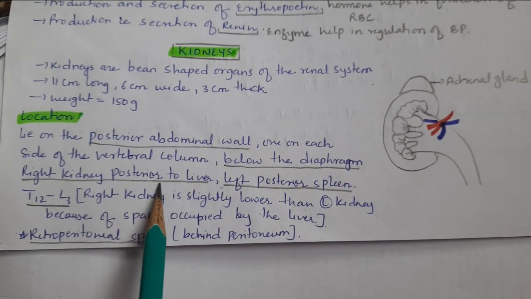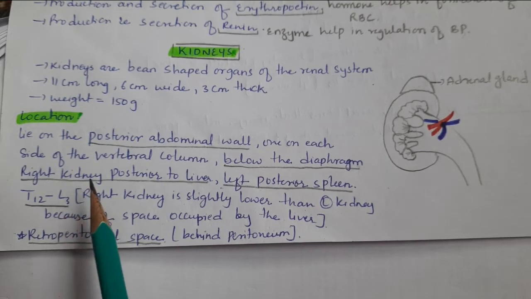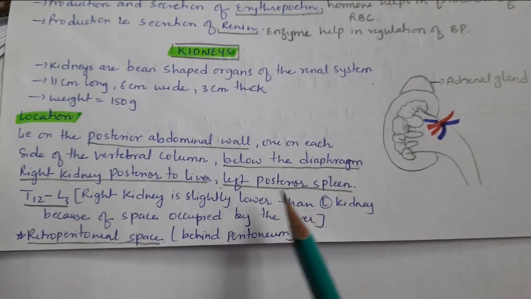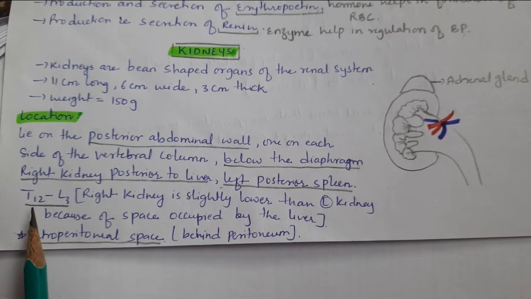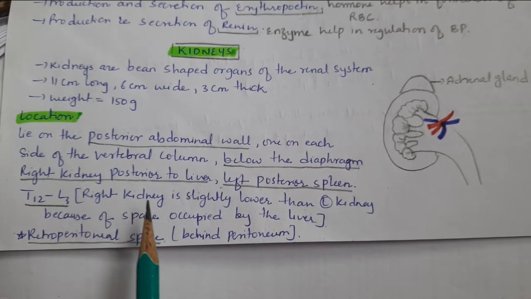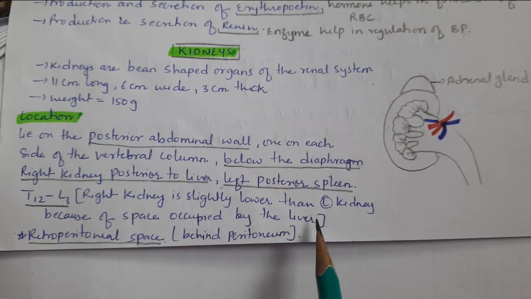Right kidney is posterior to the liver, so the right kidney is located at the back of the liver, and the left kidney is posterior to the spleen. So the left kidney is located at the back side of the spleen, and it is between thoracic 12 to lumbar 3, and the right kidney is slightly lower than the left kidney because of the space occupied by the liver.